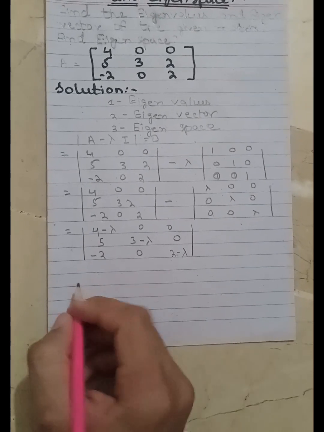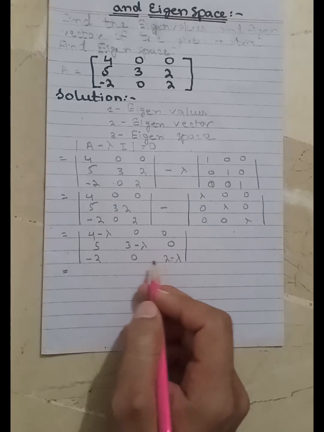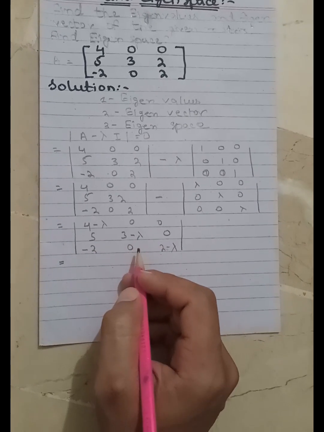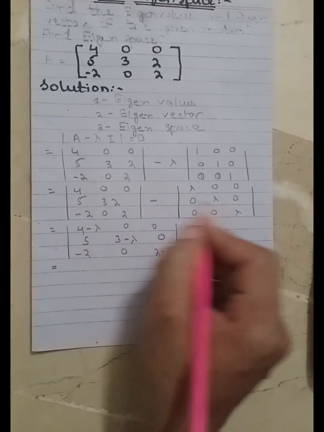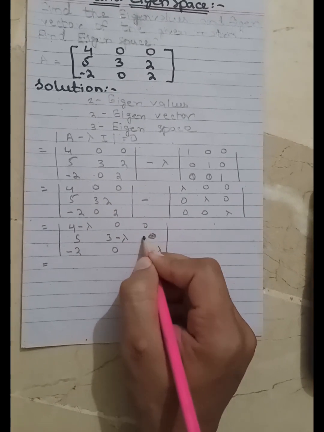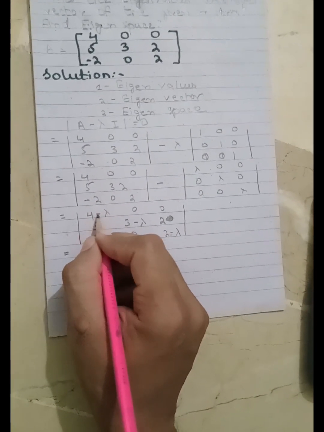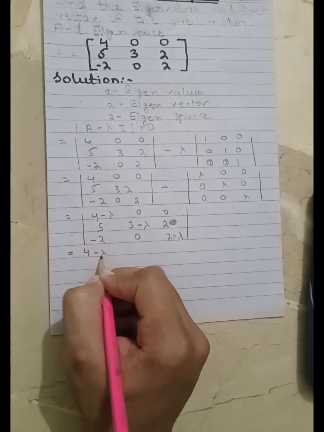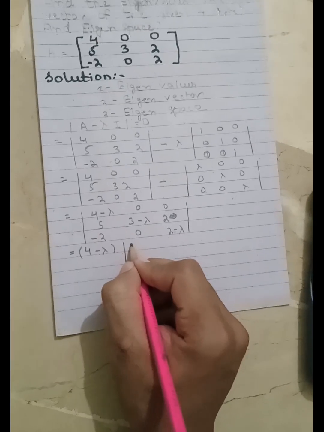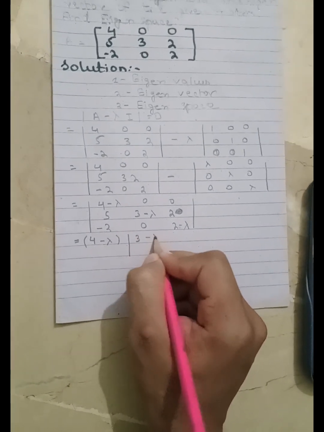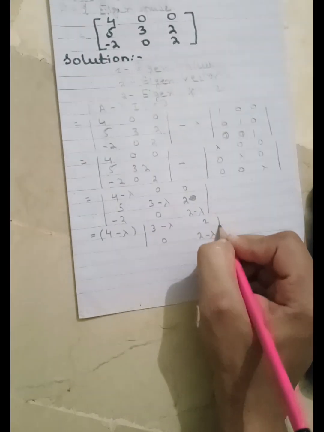Now moving towards our next step. In the next step we can decompose our 3 by 3 matrix into a 2 by 2 matrix. Now we take this first entry, 4 minus lambda, and this is our 2 by 2 matrix: 3 minus lambda, 2, 0, and 2 minus lambda.